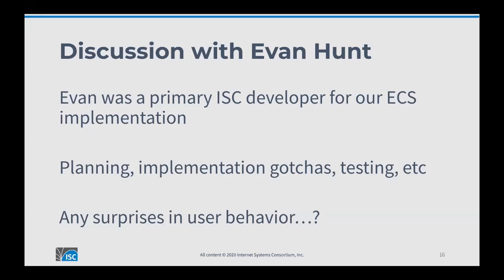The authoritative one wasn't really right. And what was worse is that if you actually want to use this thing, any real logical use case, you would have to have many, many, many views, one for each ECS subnet that you want to have a tailored response for. It could be hundreds or even thousands of views, and that just doesn't scale very well.